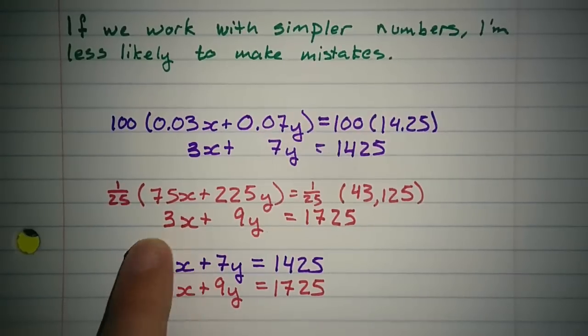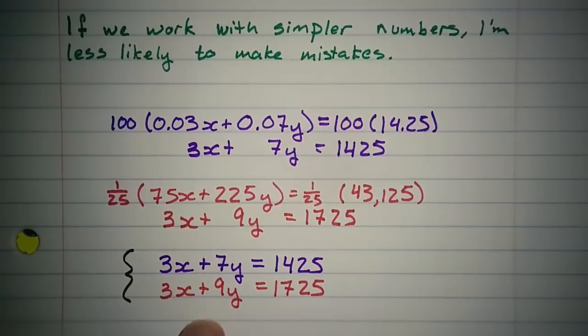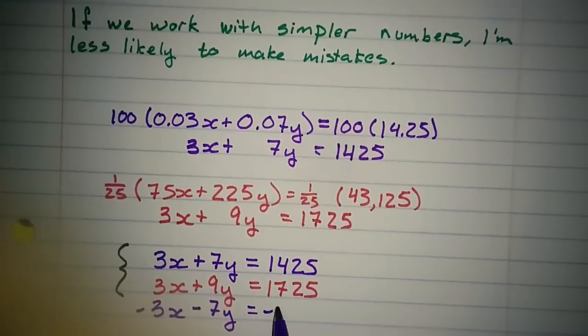We noticed that the coefficients of x are very closely related. In fact, if I multiplied this first equation on both sides by -1, I'll get negative 3x minus 7y equals negative 1,425.